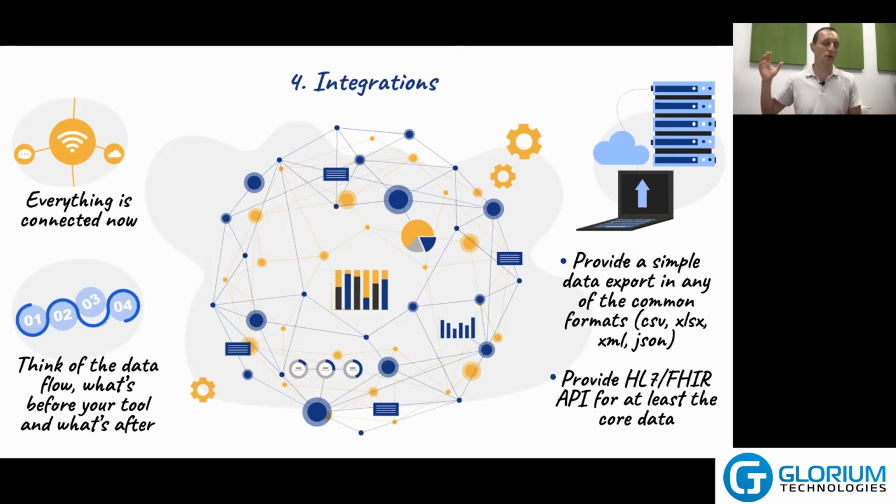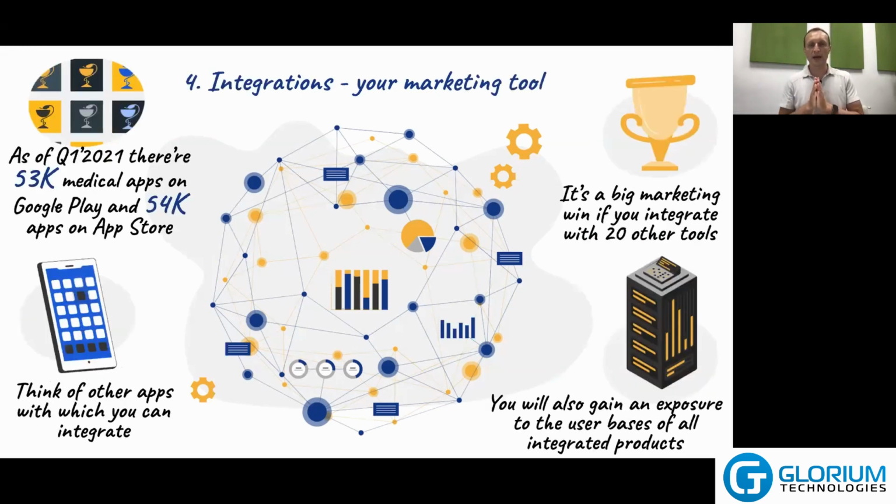You don't have to go insane implementing an interface that will provide export and import of absolutely everything. But if you're able to provide some core data, that's already going to be a very, very huge win. And as you go with the integrations, immediately start using them as your marketing tool.